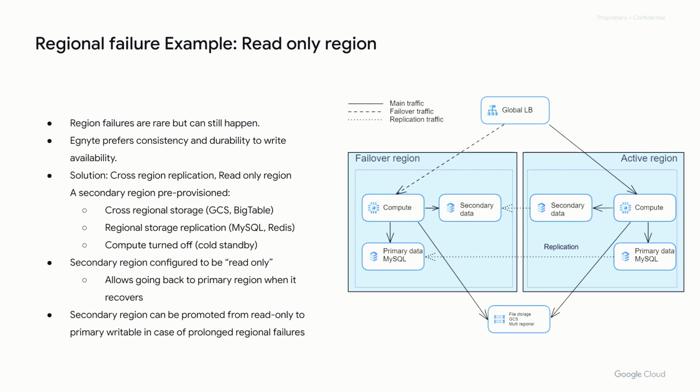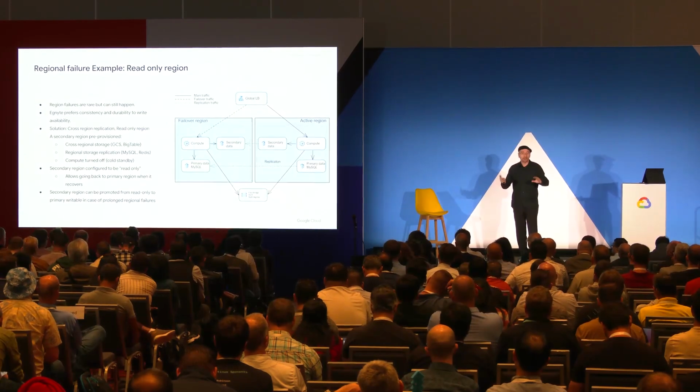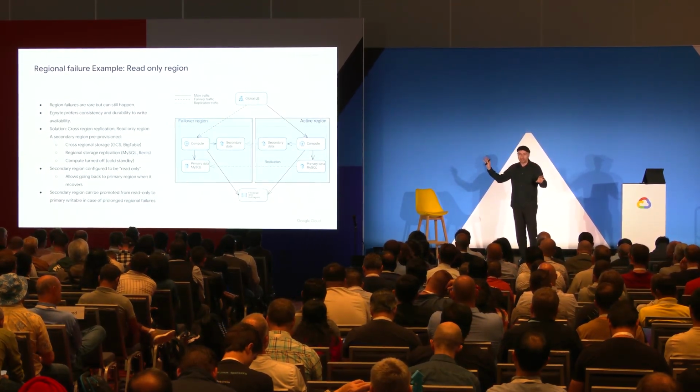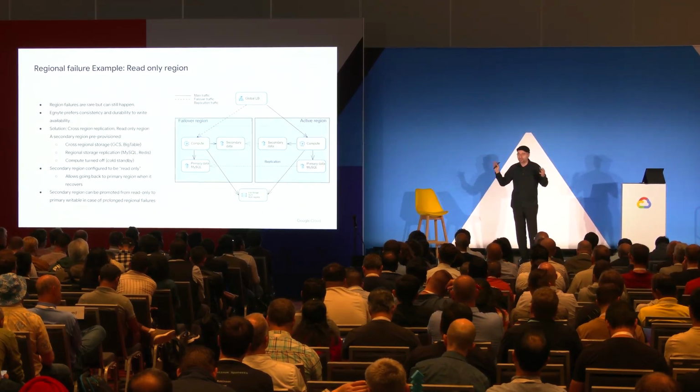So what we do is we want to simplify that: active failover. And if we failover, we do first what's called the read-only failover. So you can access your data, but you cannot modify it yet, because if that region is not fully out and it's still doing some kind of semblance of life, we still might be in a tough spot. But if that outage is prolonged, we cannot tell our customers, hey, you can only read your data, you cannot modify it for some time.